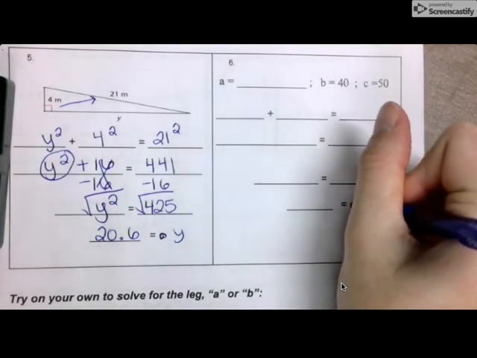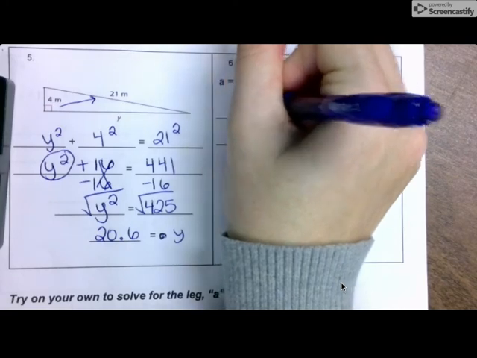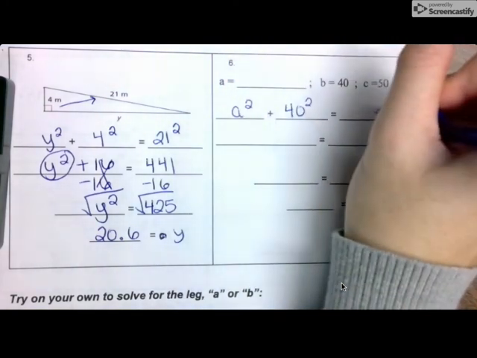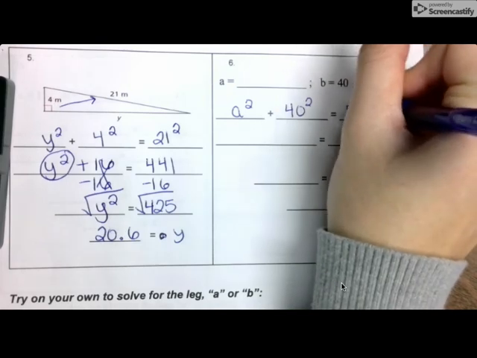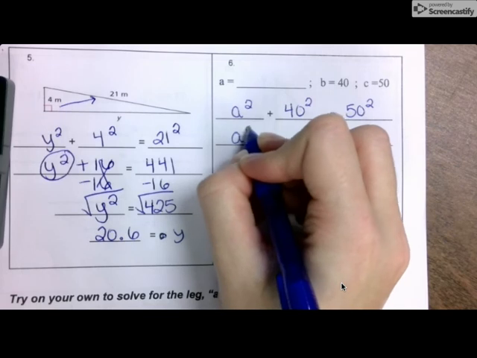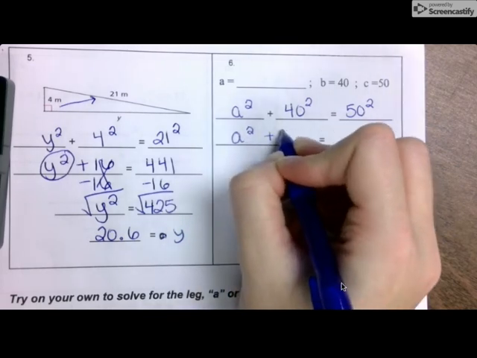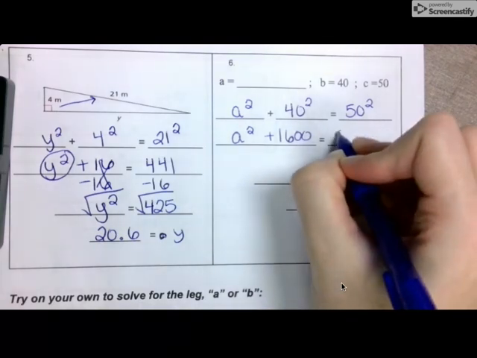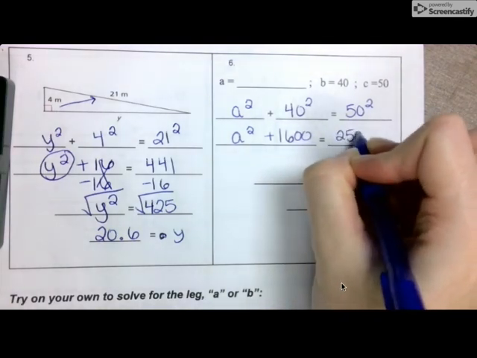All right, last one that we're going to do together on this. We got this. A squared, b is 40 squared, c is 50 squared. A squared plus 1600 equals 2500.